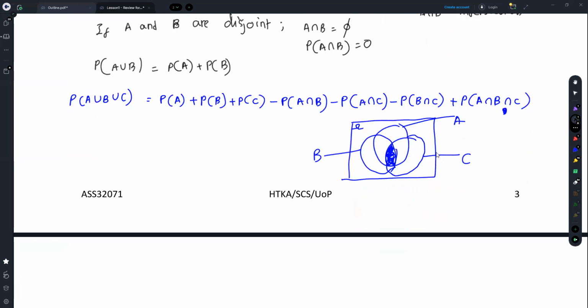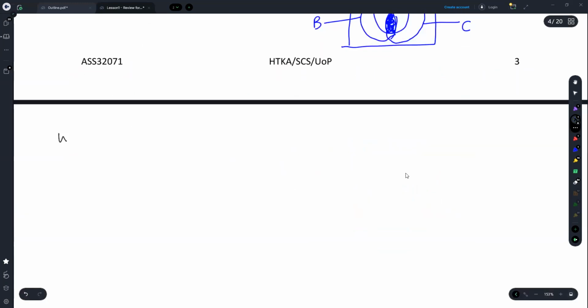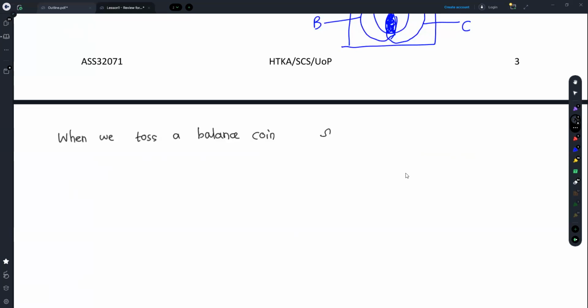Let's go back to the tossing of a coin. When we toss a balanced coin, we know the sample space: head or tail. If you have a balanced coin, the probability of getting a head is 0.5, and the probability of getting a tail is 0.5.